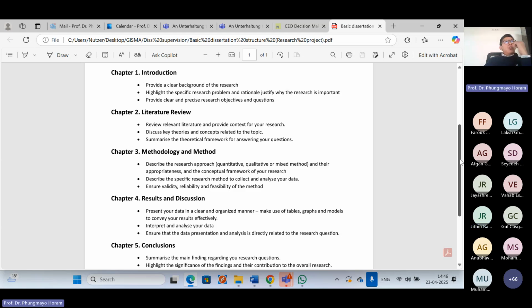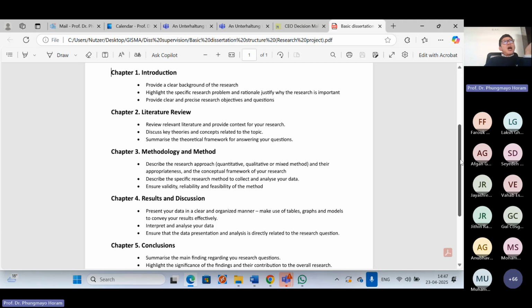Okay, good. So let's just assume, irrespective of bachelor's or master's, your expectation is the word count is 12,000, right? 12,000, and then you have 5 chapters. So how many words should go for chapter number 1?